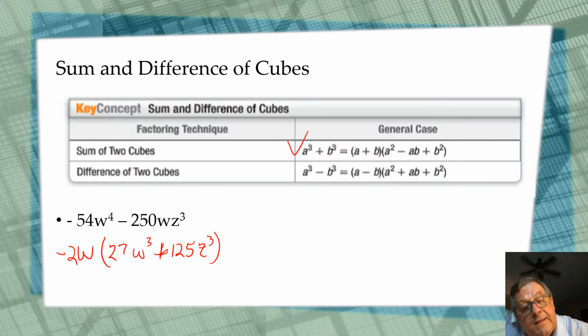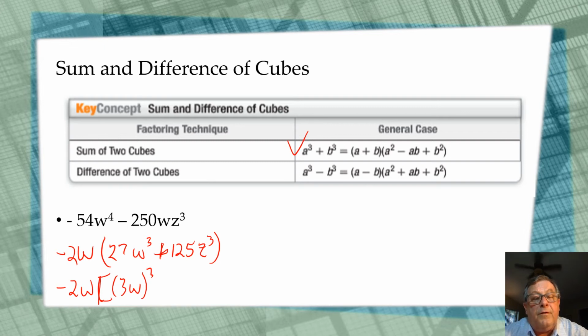So let's rewrite this so we can plug it into our formula. I've got negative 2w times, let's put this in a bracket, 3w cubed, written that way. 3 cubed is 27, w cubed is w cubed, plus, also in parentheses, 5z cubed.